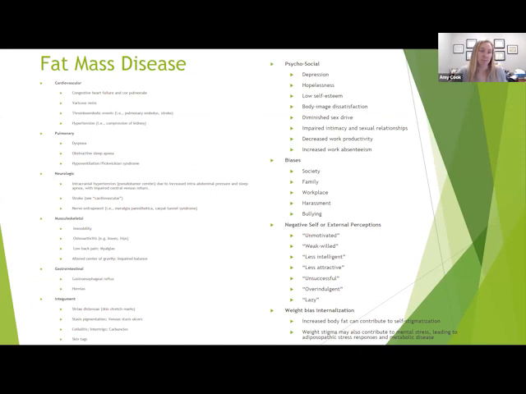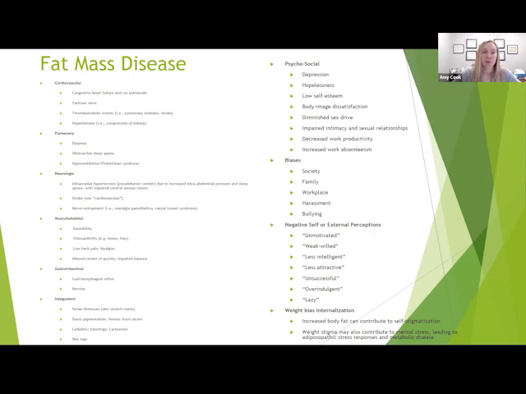Here are some of the examples of the fat mass disease, which again is going to be from the physical forces and compression of the excess weight. So we can often think of the compression of the upper airways can cause obstructive sleep apnea. Compression of the abdomen can cause dyspnea or hypoventilation, reflux, hernias. Excess skin folds can lead to skin infections.